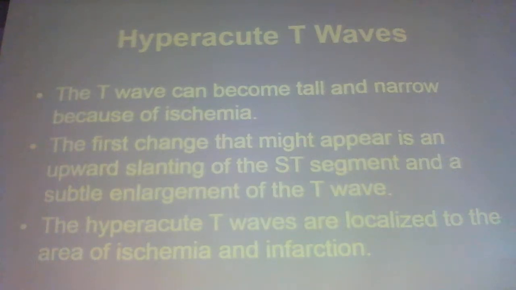If we were able to block off a coronary artery and watch the EKG changes from start to finish through an MI, the first change we would see is a hyperacute T wave. It looks like a big tombstone, but the ST segment is still isoelectric. So it looks like a big, huge T wave, but it's not pointed.